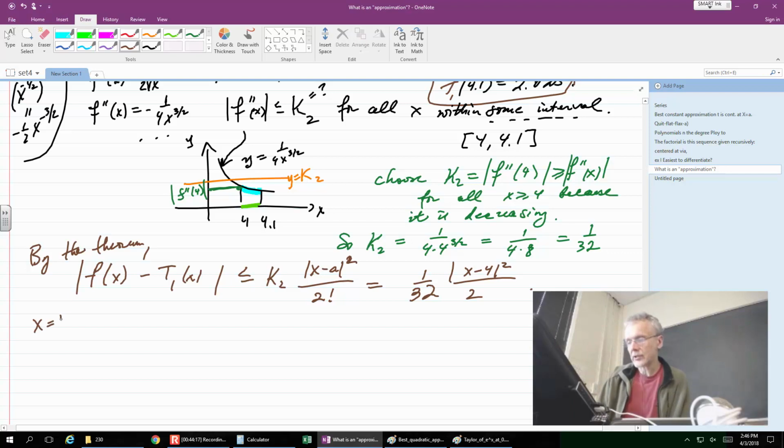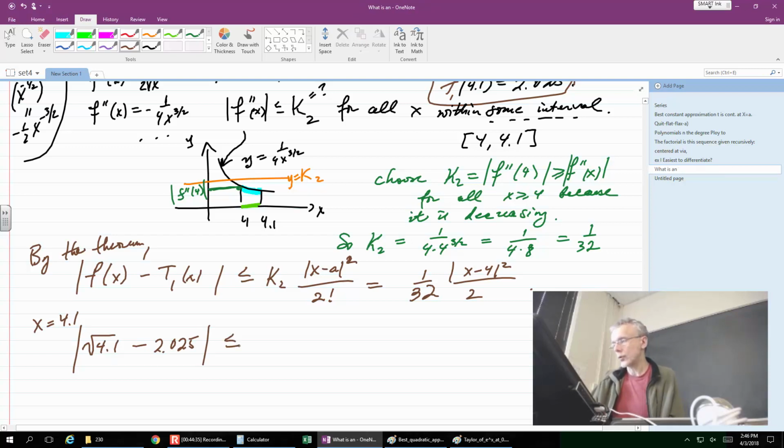Now we choose x equal to 4.1. That is our point of interest. So we have the square root of 4.1 minus T1 of x, which we already determined to be 2.025, less than or equal to this number, which is 1 over 64 times 0.1 squared.